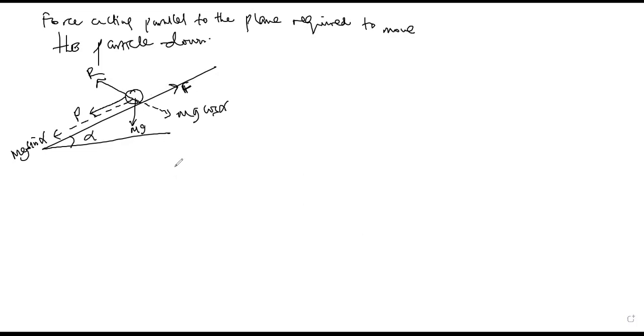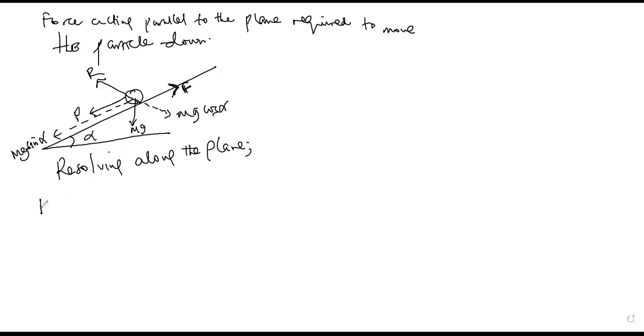So can we resolve forces? Resolving forces along the plane, you will be having F. F is the only one pointing up, isn't it? And the ones pointing down are P and mg sine alpha.